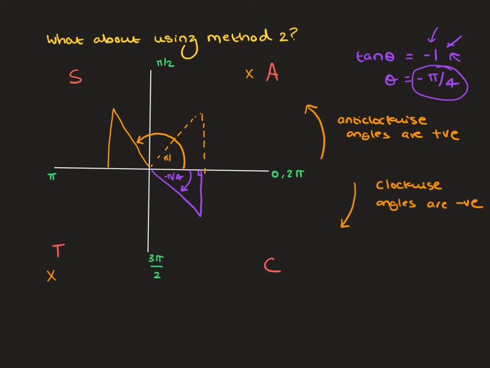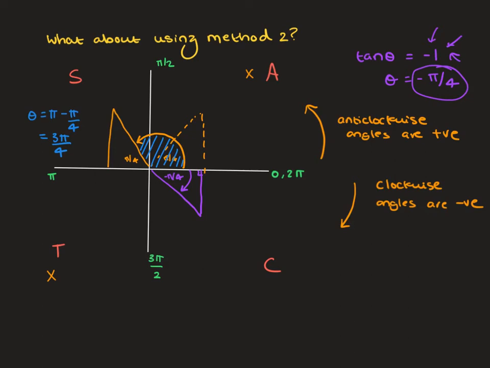This angle here is a value pi by 4, and this angle here is also a value pi by 4, but the angle I want is this angle here, and hopefully you can see that that angle is pi subtract pi by 4. Careful, don't subtract negative pi by 4, that would not give you the correct answer. So it's an answer of 3 pi by 4 in that quadrant here. Now, the other quadrant is where the purple triangle already exists.